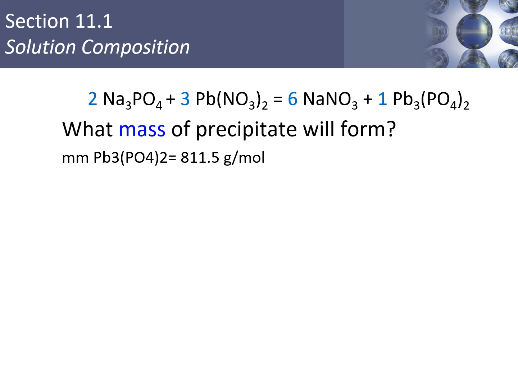What mass of precipitate will form? So we're going to do a little bit of stoichiometry in here. And since I see mass, I know I'm going to need molar mass of lead 2 phosphate at some point. So I've put that for you, 811.5 grams per mole.